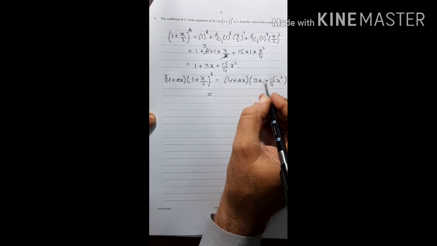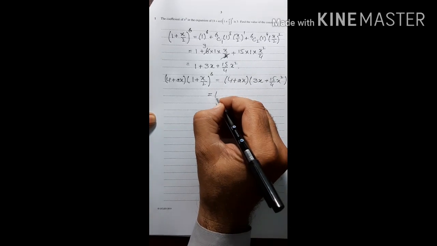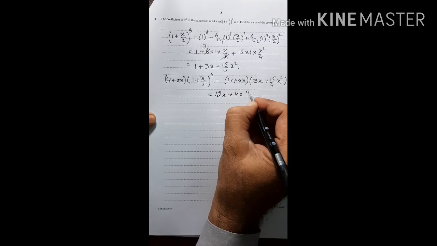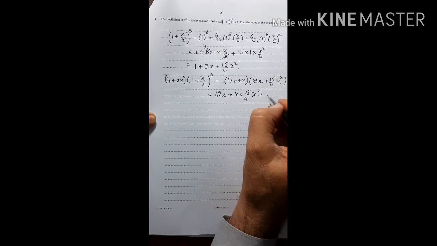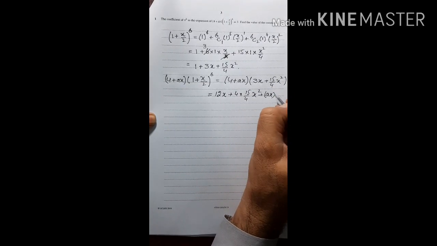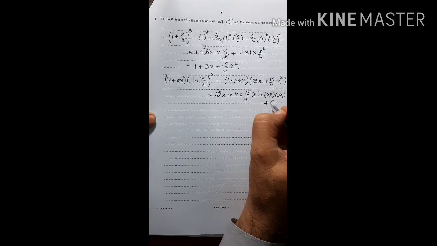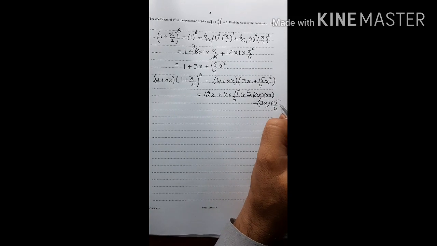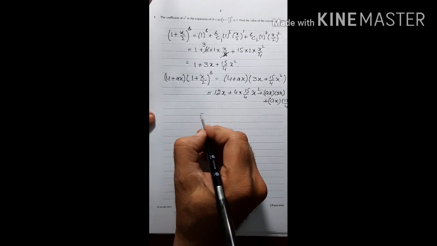So multiply 4 into 3x, that is 12x; 4 into 15/4 x squared; plus ax into 3x; plus ax into 15/4 x squared.